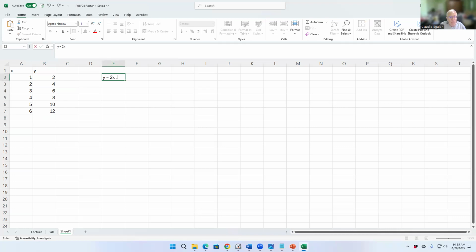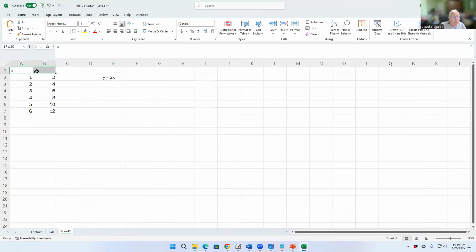The equation for this graph would be Y equal to 2X, just by inspection. Excel can find this type of equation. It's not always that you'll be able to find a relation for those data points, but this one is so simple that we can say Y equals 2X.